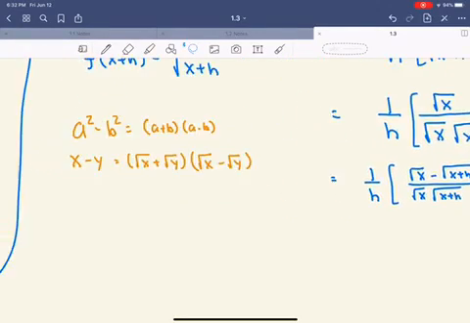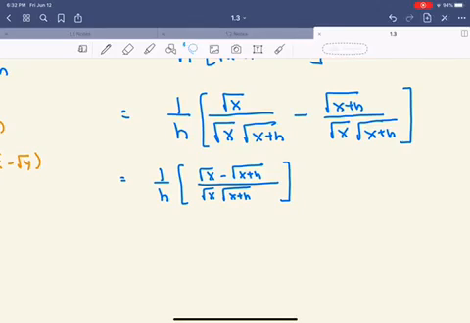Okay, so here we're going to use that. So here we're going to multiply the numerator and denominator by square root of x plus square root of x plus h. Okay, so what are we going to get?